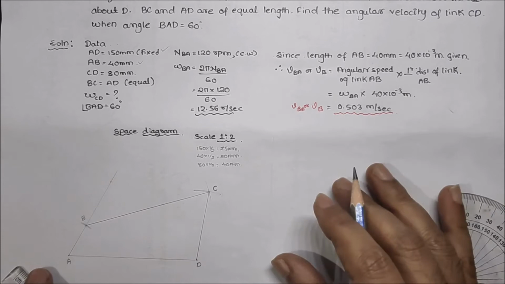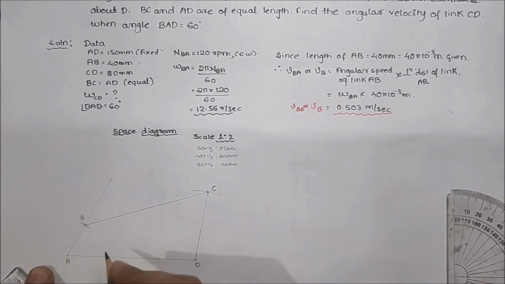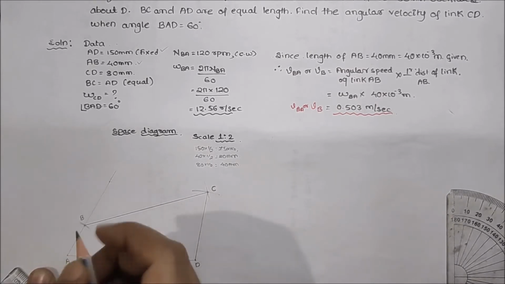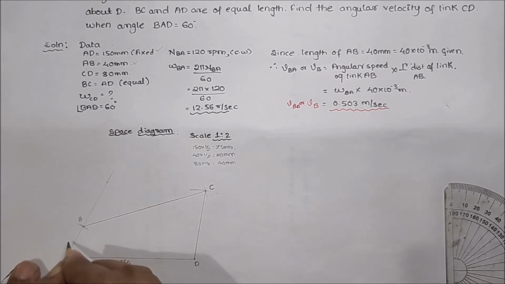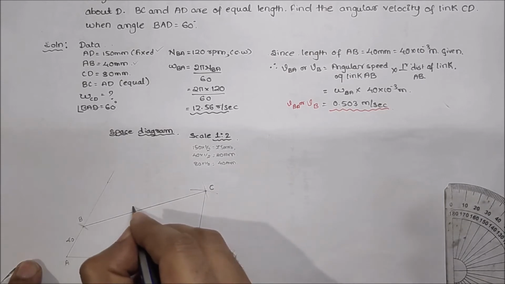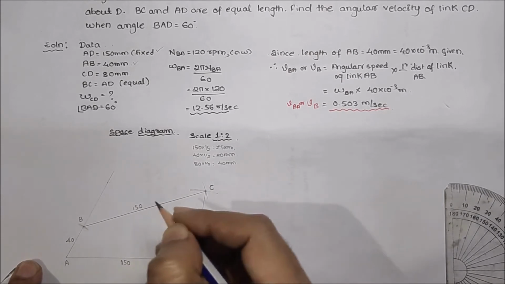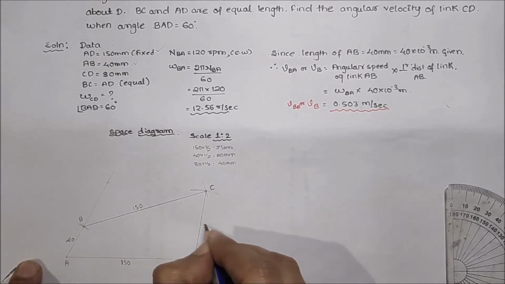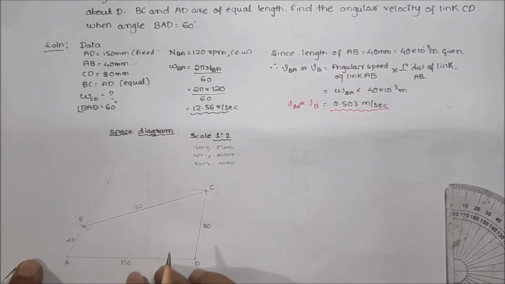So here the measurements for this one, write it as here 150. Don't write it as 75, write 150. Here write it as 40. Here you write it as 150, and here you write it as 80.